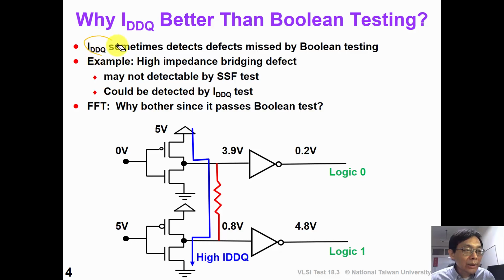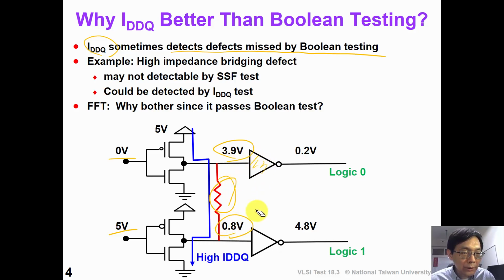Sometimes IDDQ can detect defects that are missed by Boolean testing. For example, suppose we have a high impedance bridging defect between these two wires. When we apply a test pattern, a 0 volt and a 5 volt to these two inverters, due to the defect, the voltage here can be 3.5 volt and 0.8 volt.